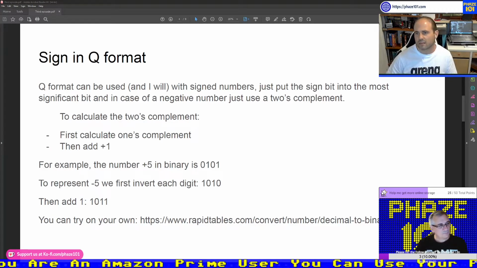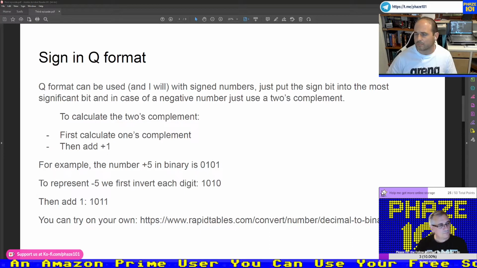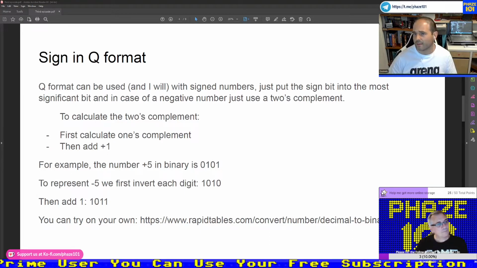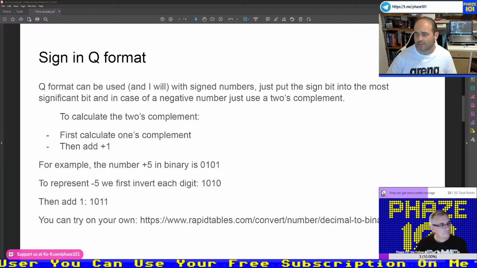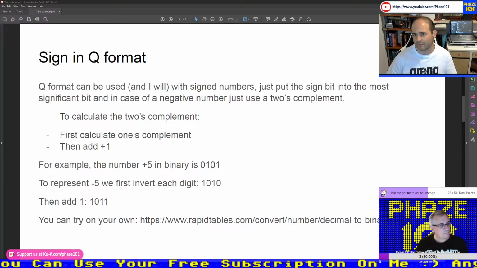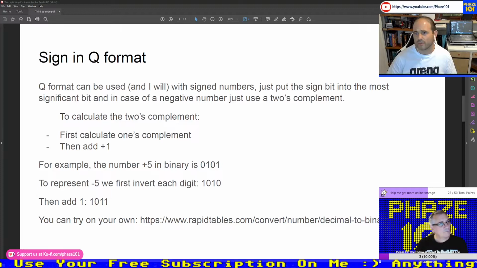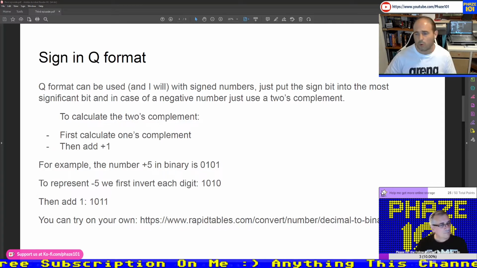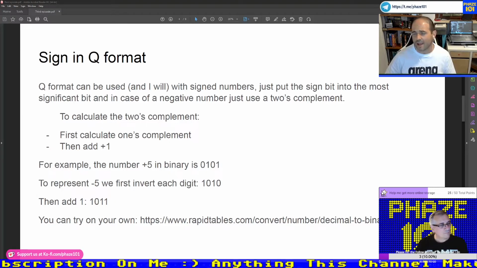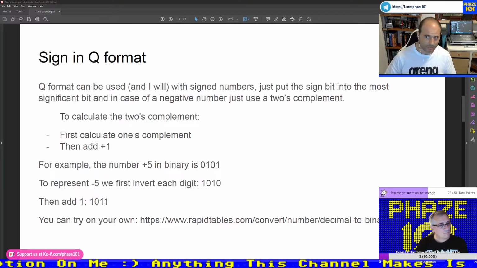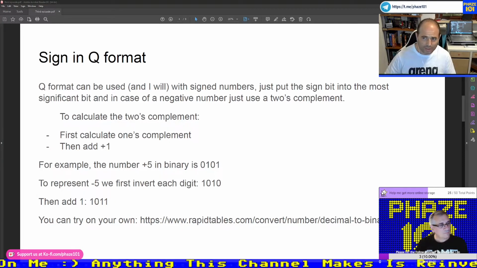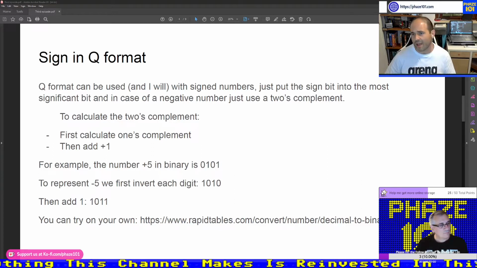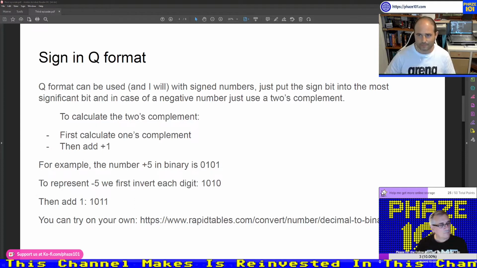This is not something new because probably you already know that the Motorola can interpret the number as positive or negative, depending on the instruction that you are using. For example, if you use mults, which is a signed operation, the most significant bit represents the sign. 0 is positive and 1 is negative.